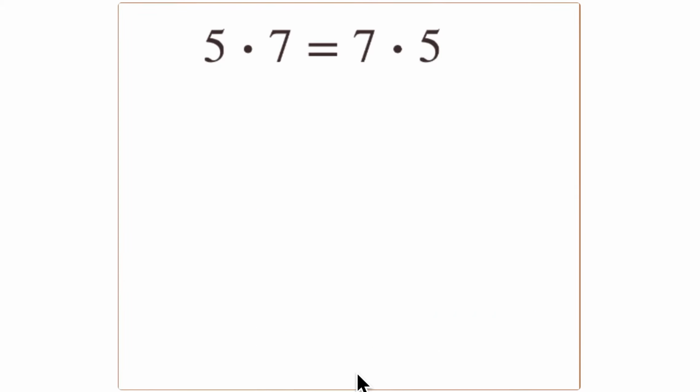All right, for the second problem, this shows that multiplication is commutative. The order does not change the answer, although it looks very different. You can even see a greater difference using multiplication than addition.